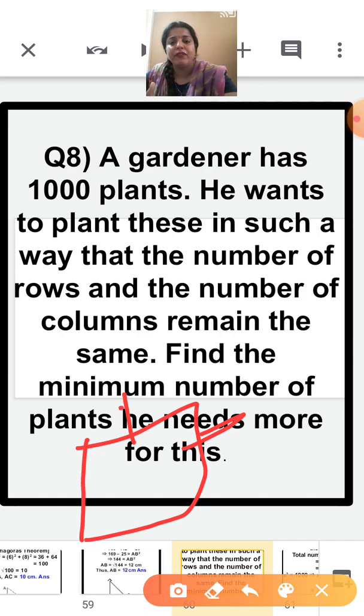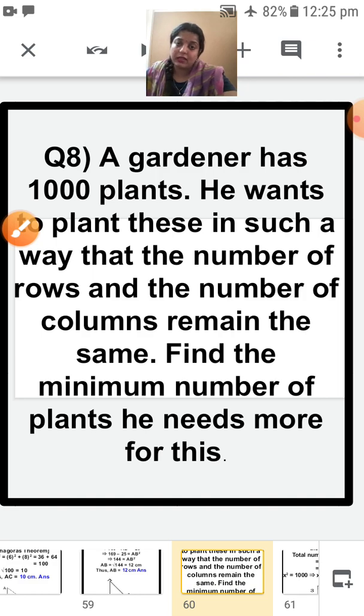In the same manner, if rows and columns are the same and you are having a total of 1000 plants, how can you find out whether 1000 plants are sufficient or not? If it is not sufficient, what should we add so that the concept becomes satisfied? Though we know that 1000 is not a perfect square of any number.